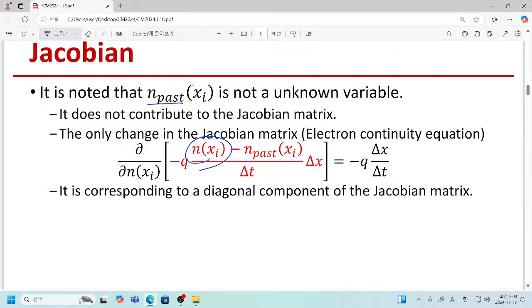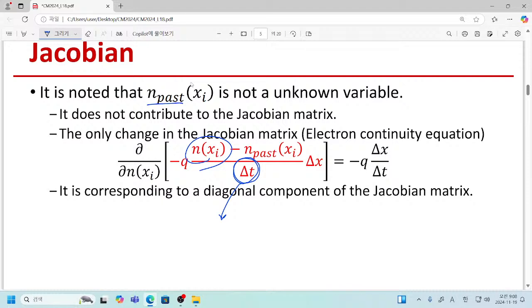contribution. Fortunately, in this case, the modification to the Jacobian matrix is really straightforward, because we have just one single number here, and it is not a nonlinear function of our electron density.